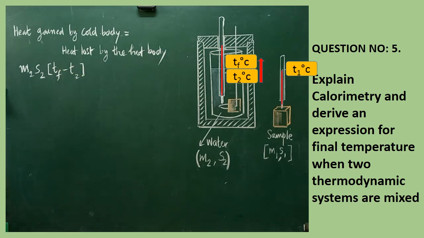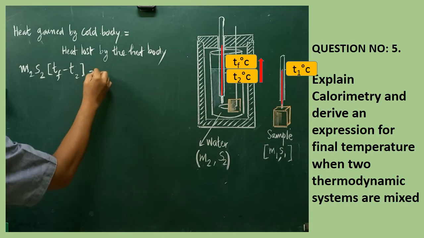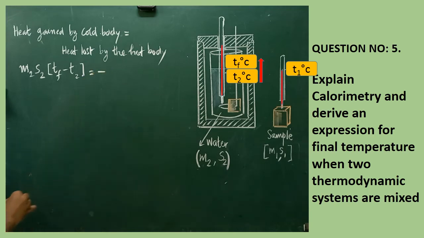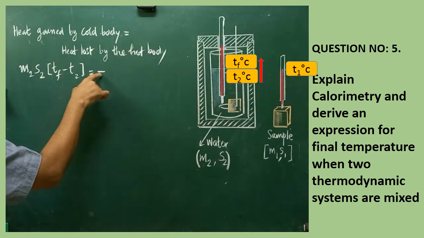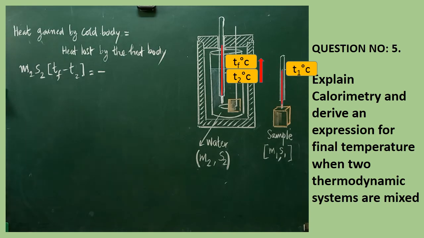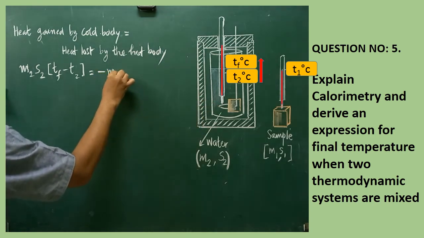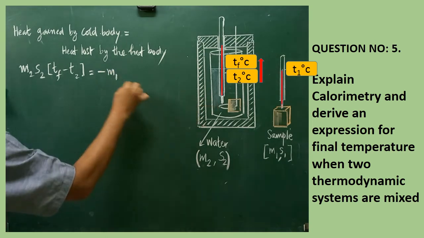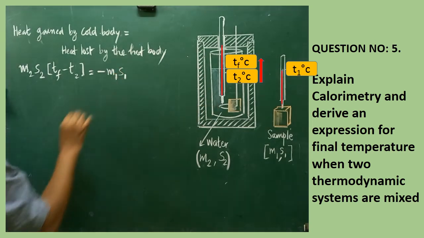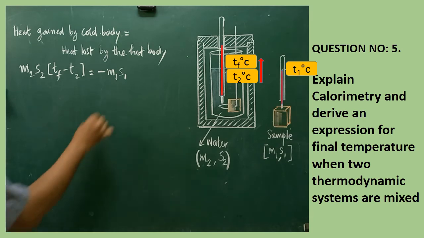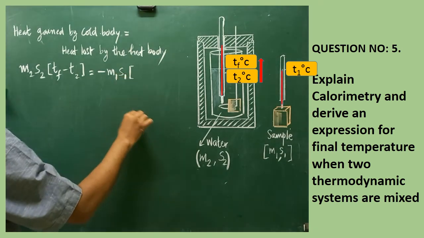Are you clear? Now we have to use the sign convention because heat is lost by the hot body, therefore a negative symbol must be used. The hot body is the sample. How to write the formula? m1, mass of the sample, specific heat capacity of the sample s1, and the difference in temperature.